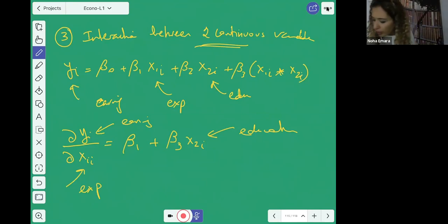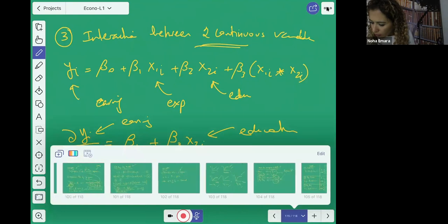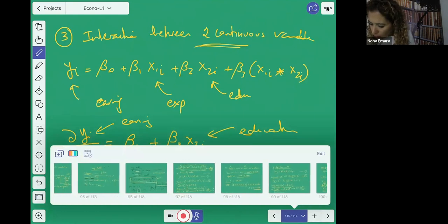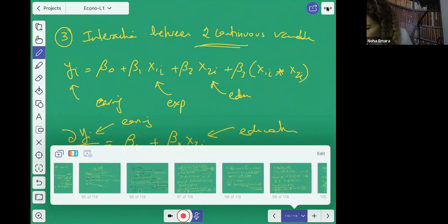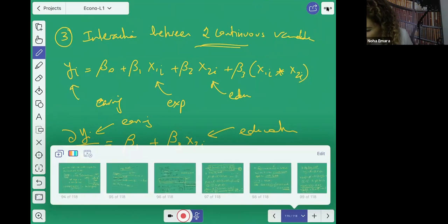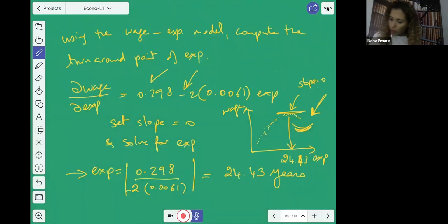So just before we leave the iPad, we had a model. Okay, so we were talking last week about the turnaround point. This model.